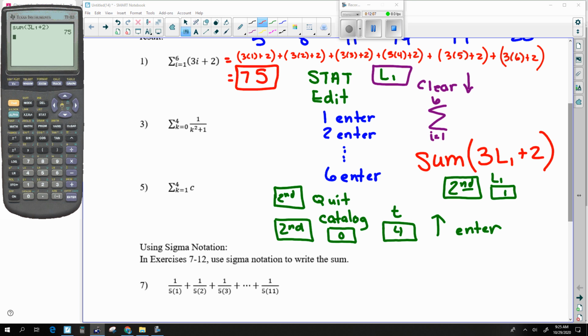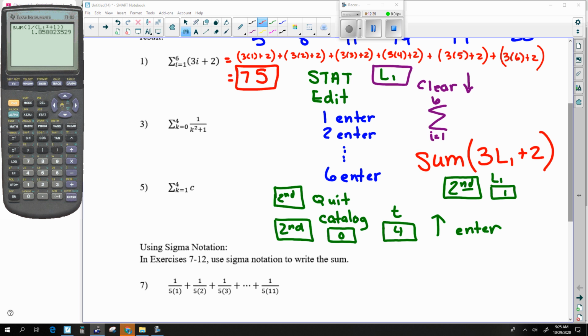So ultimately, this next question, question 3. Again, I would go to my stat, edit, and clear out that list. Here, this goes from 0 to 4, so I put that in. I quit out of here and take the sum of 1 divided by the quantity of list 1 squared plus 1.